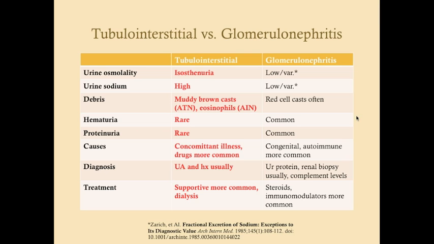The causes of tubulointerstitial diseases are vast. Concomitant illness can be there. Drugs are more common. You can have various infections. Such drugs can be NSAIDs, it can be sulfas, and then certain illnesses that can cause interstitial nephritis can be things like leptospirosis, CMV infection, Legionella, rickettsia, strep.